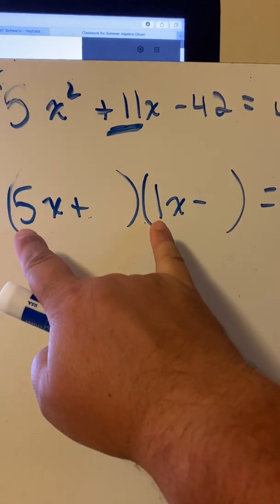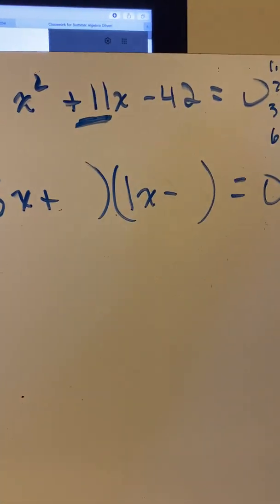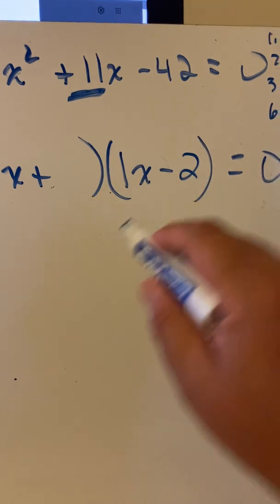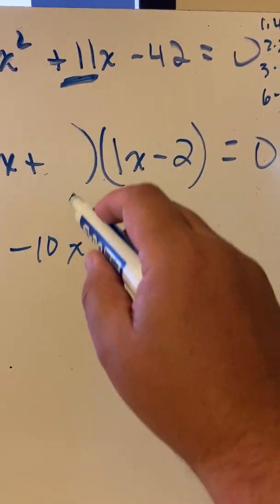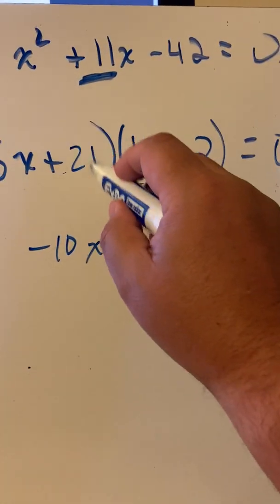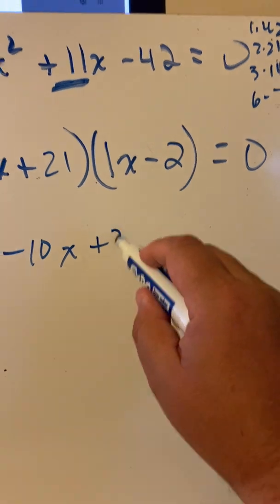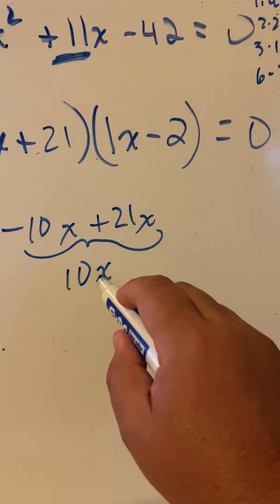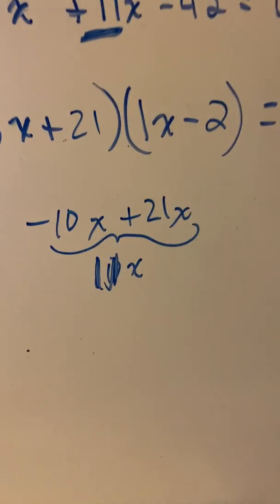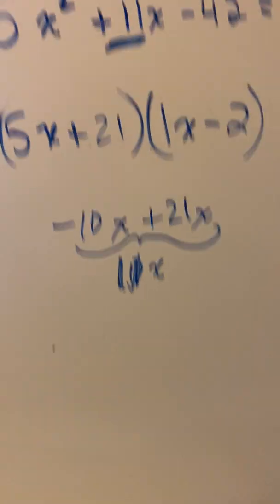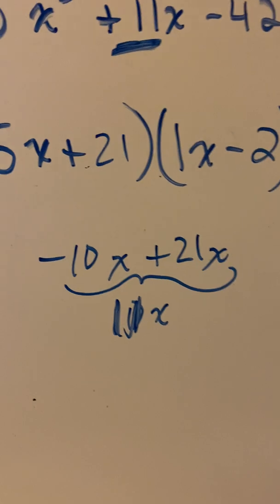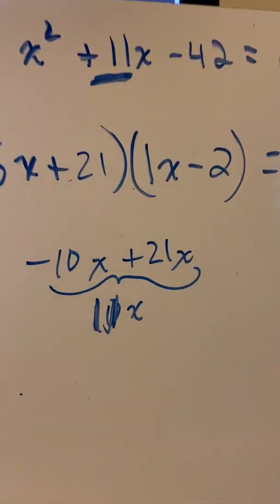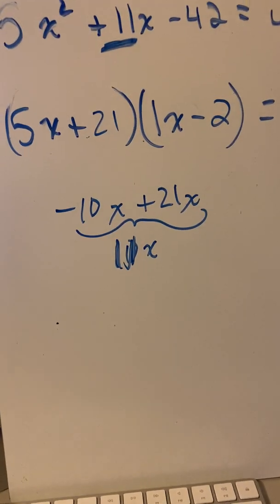I'm going to put the 5 and 1 there, and I know that 5 times a negative 2 makes negative 10x, and the 21 times 1 is a positive 21x. They together make a positive 10, or 11, I'm sorry, a positive 11x. Now if you do factoring of trinomials a lot, this gets substantially easier for you.